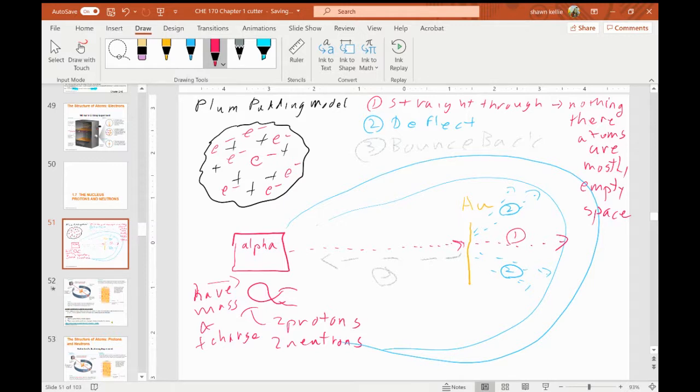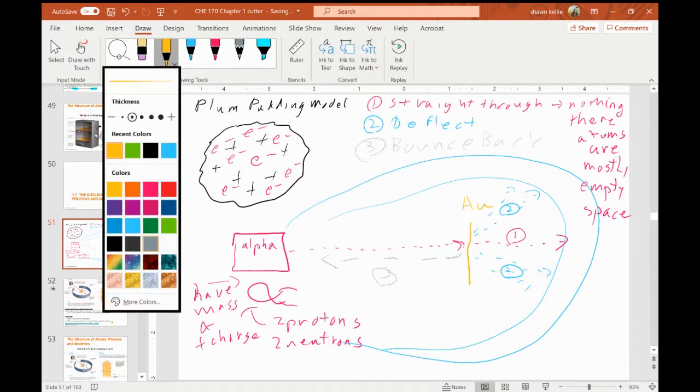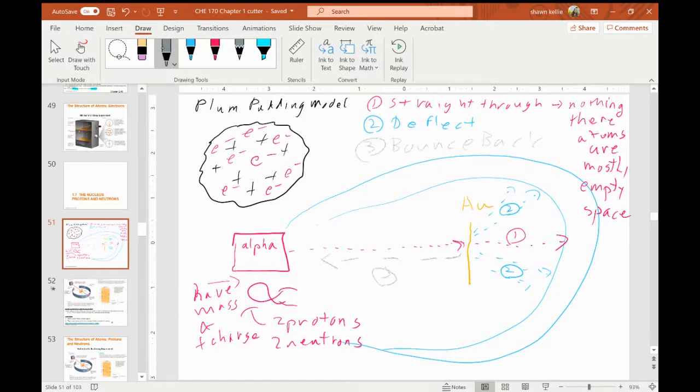Then he looked at the ones that bounced back. They're actually the easiest to explain next. He went to the ones that bounced back, and he said, well, some are bouncing back, so they must be hitting something. So atoms must have a small, dense center of mass.